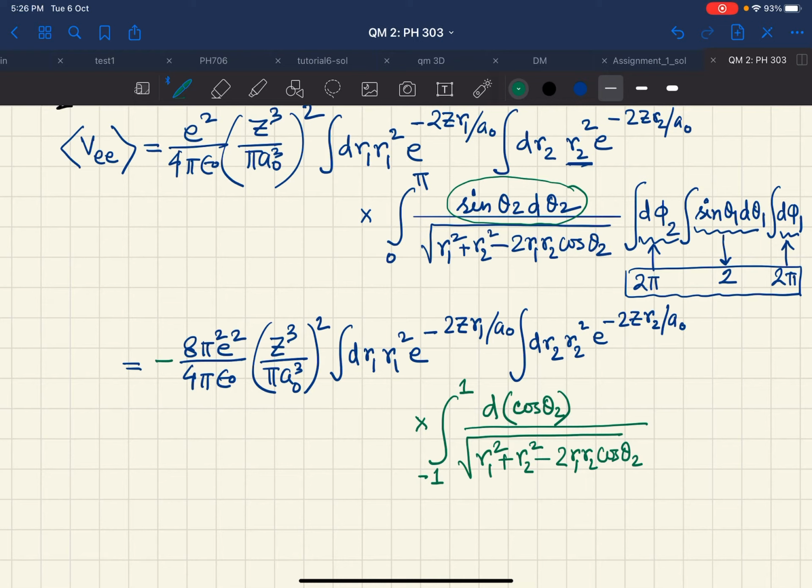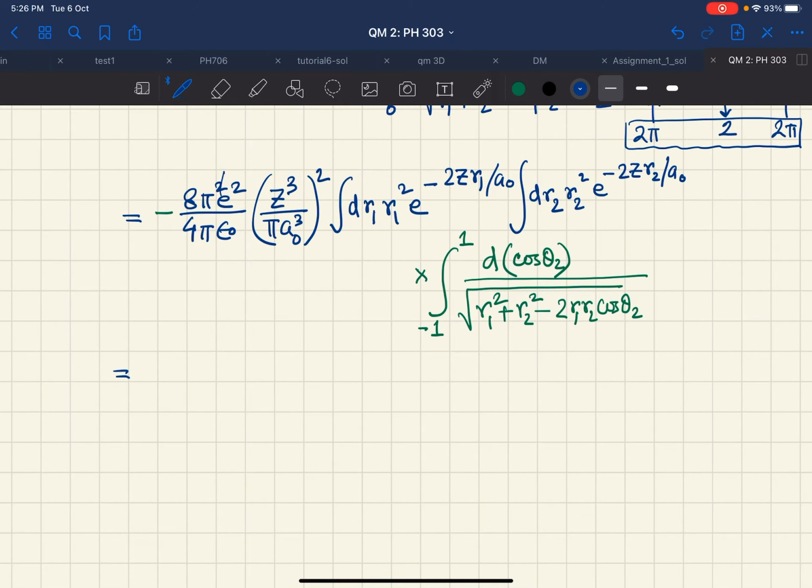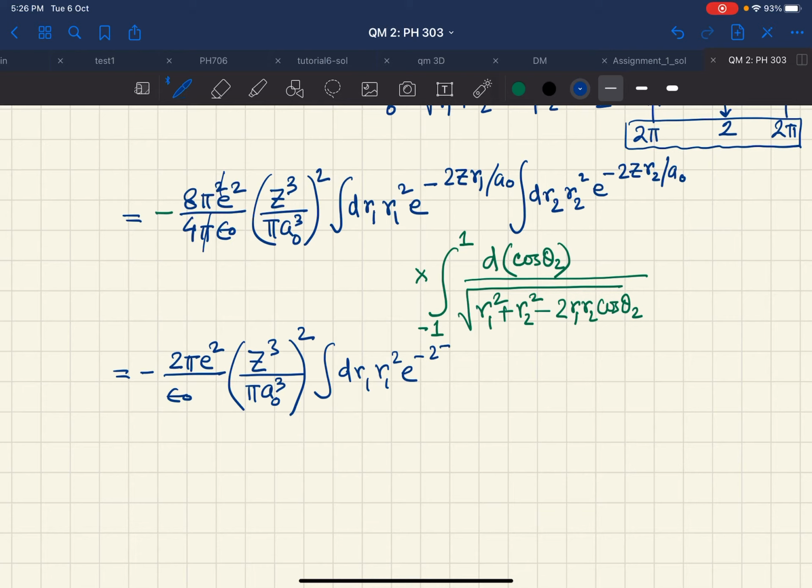And here what we will obtain finally is the following. One pi will get cancelled, and we will have minus 2 pi e square by epsilon naught, Z cube by pi a0 cube, whole square. We still have all these dr1 r1 square e to the minus 2Z r1 by a0, dr2 r2 square e to the minus 2Z r2 by a0. And I know how to do this integration.